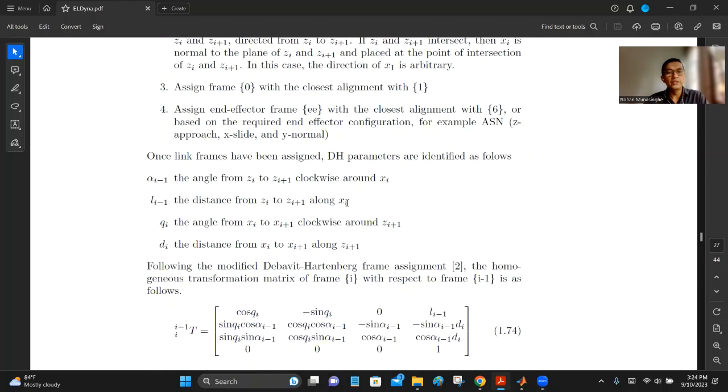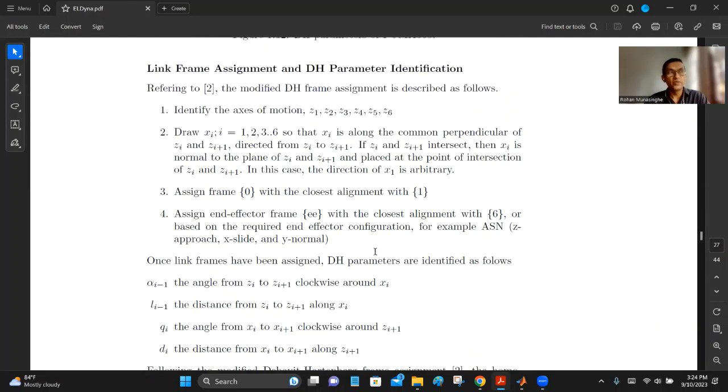By the way, this is the coordinate definition of the modified DH parameters, alpha, L, Q, and D. This is how we define it. And before that, how do we assign the coordinate frames? It's already written here, number 1, 2, 3, 4. There are 4 steps. Identify the axis of motion, Z1, Z2, like that.